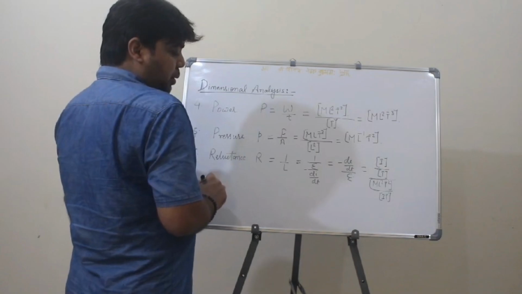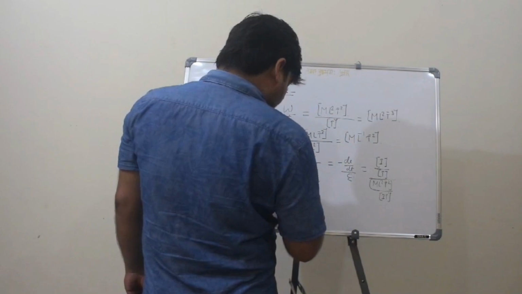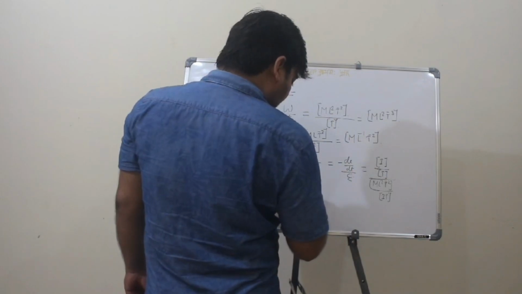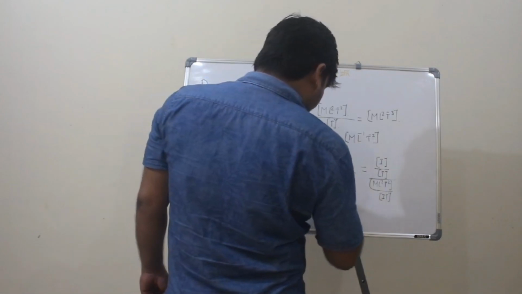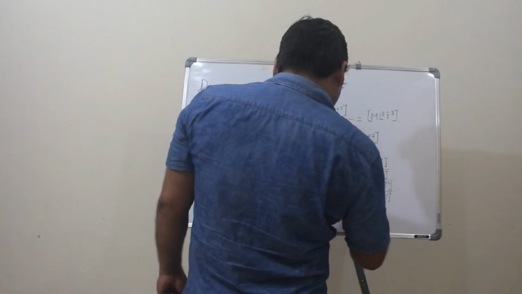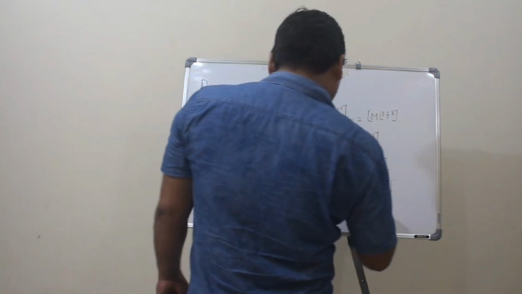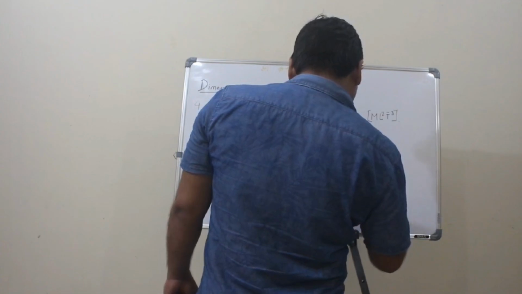Now simplify it. So reluctance has a dimensional formula as I square T divided by M L square T to the power minus 1, which further simplifies to give you M to the power minus 1, L to the power minus 2, and T to the power 2 and I to the power 2.